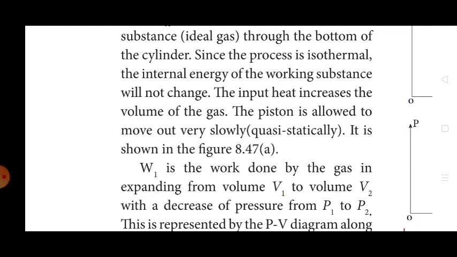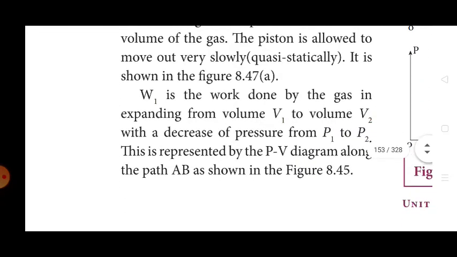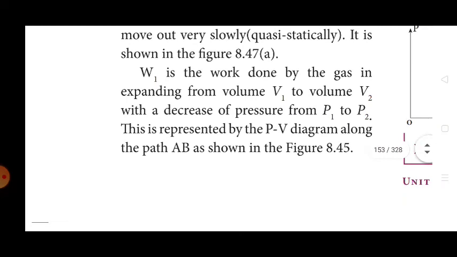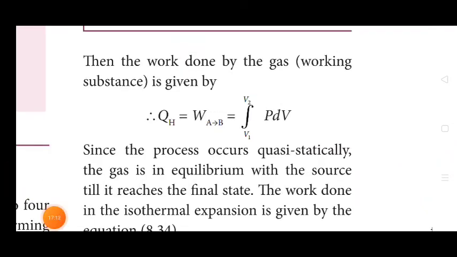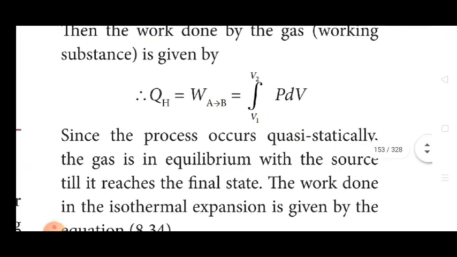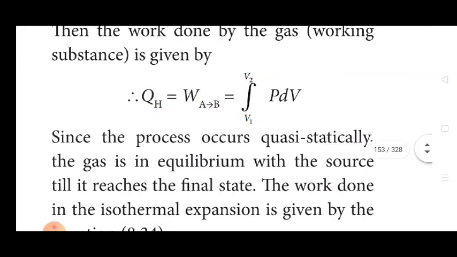It is shown in the diagram. W1 is the work done by the gas in expanding from volume V1 to volume V2 with a decrease of pressure from P1 to P2. This is represented by the PV diagram along the path AB. Then the work done by the gas working substance is given by QH equals W A to B, which is equal to the integral from V1 to V2 of PdV.